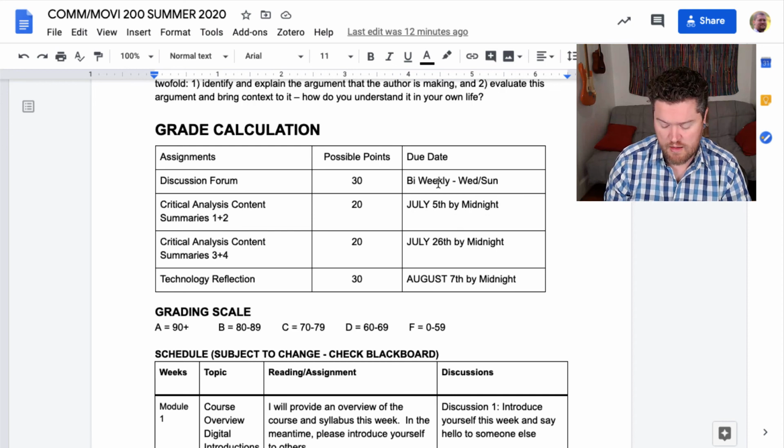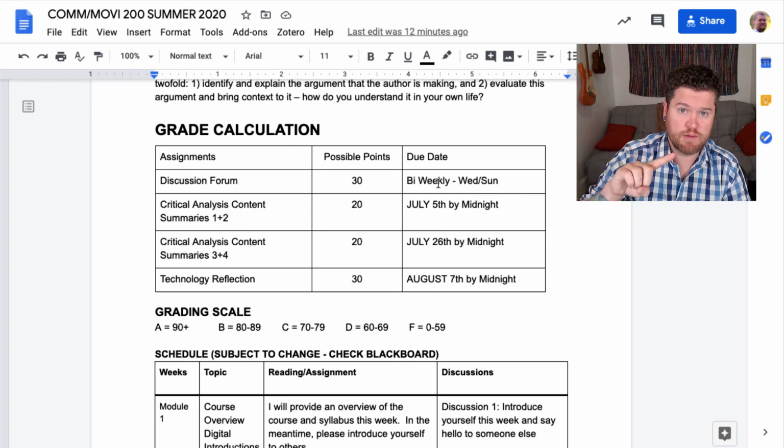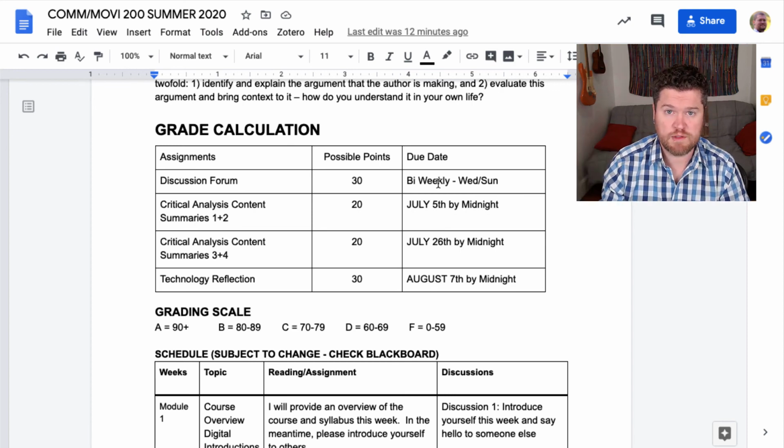For the second one, your initial post should be written by Saturday, or Friday night, and then you reply by Sunday. So each discussion has a post and a reply to another student.